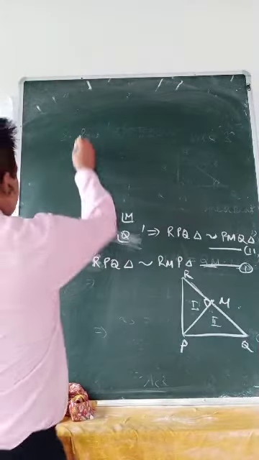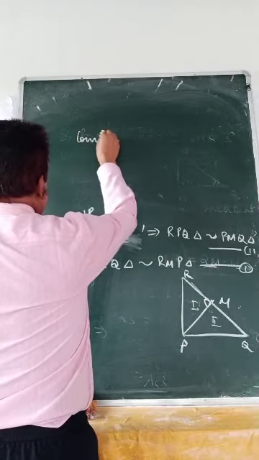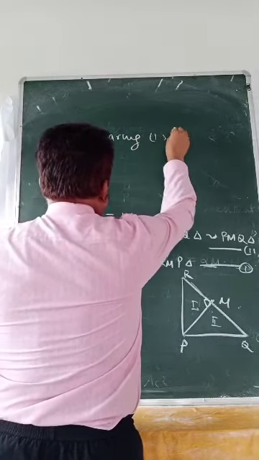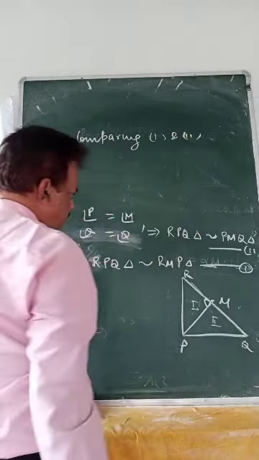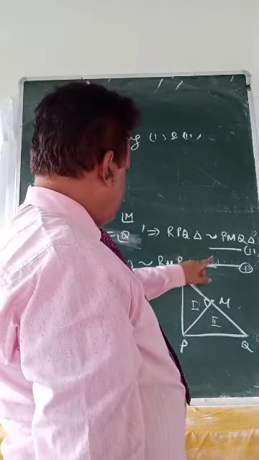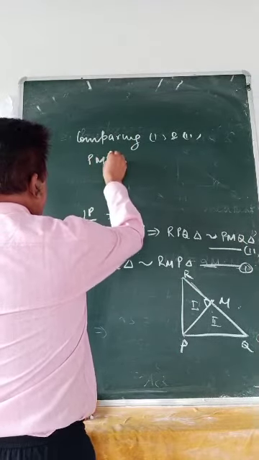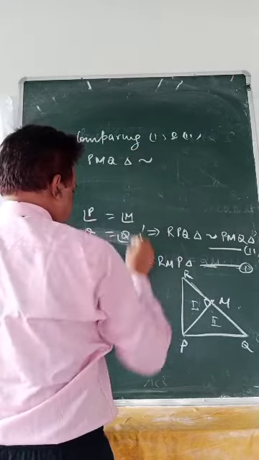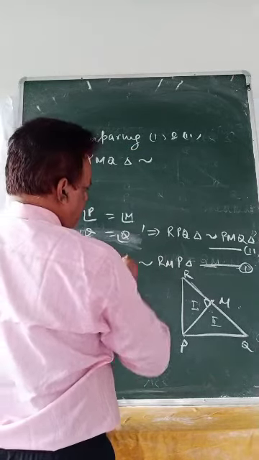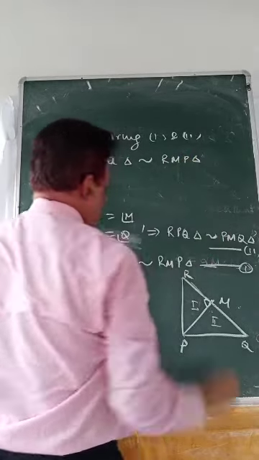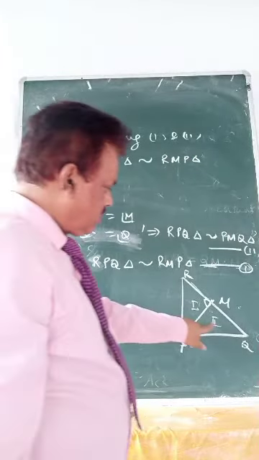Comparing 1 and 2, PMQ triangle is similar to RMP triangle. Okay, 1 equals 2.